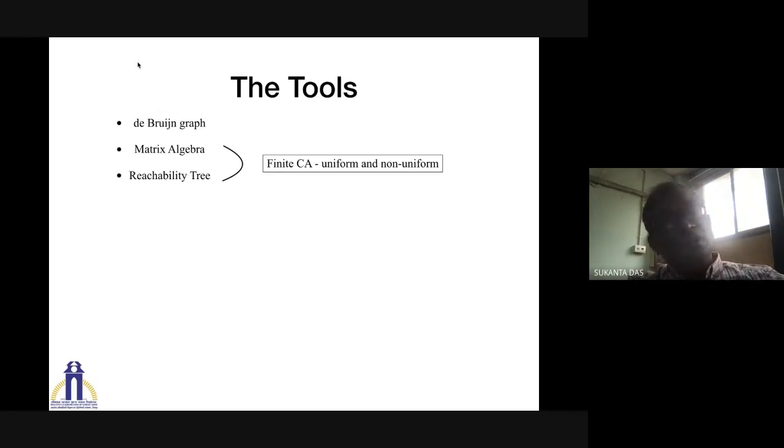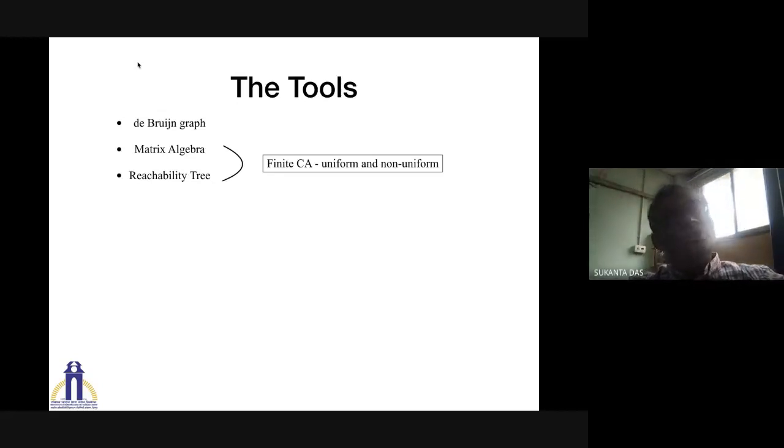We have also discussed a theorem which says that a CA is linear if and only if each rule of the CA is also linear. That theorem we have proved before. So we are dealing here only with linear CA, and matrix algebra is for that.